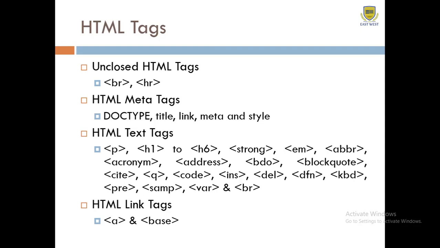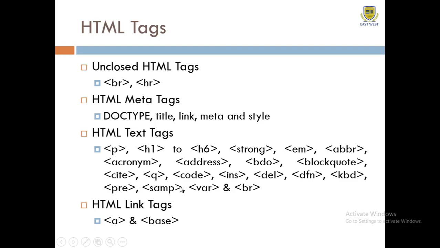The next set of tags are called HTML meta tags. HTML meta tags consist of doctype, title, link, meta, and some different styles. The next set of tags are HTML text tags. These are the various text tags available.